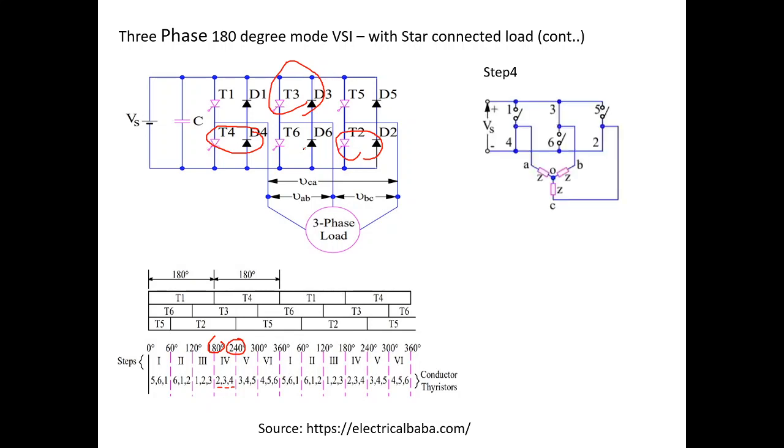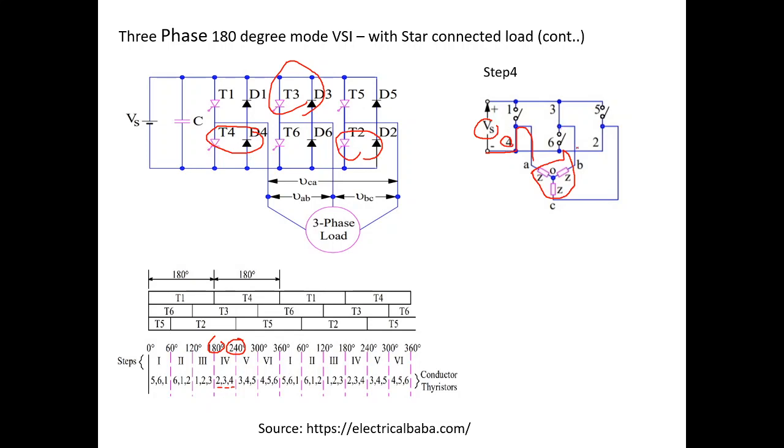Redraw the corresponding circuit diagram in simple fashion. On the input side we have a voltage source, on the output side a balanced star connected load, right? A phase is connected to the negative terminal of the DC voltage source on the input side through switch 4.